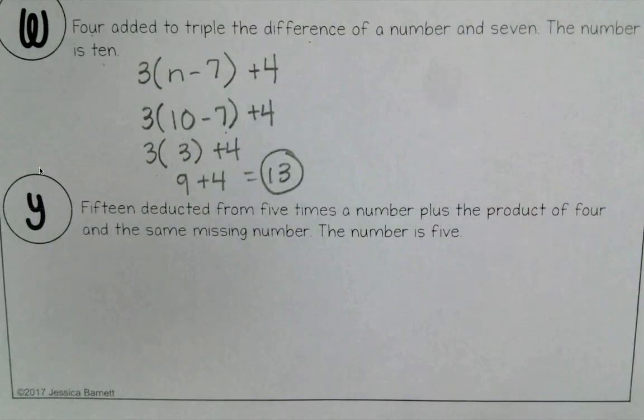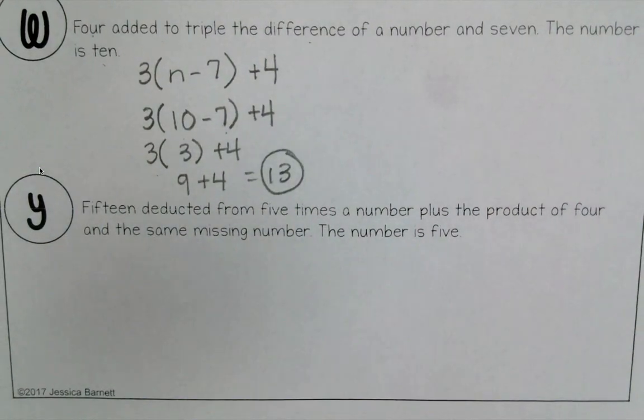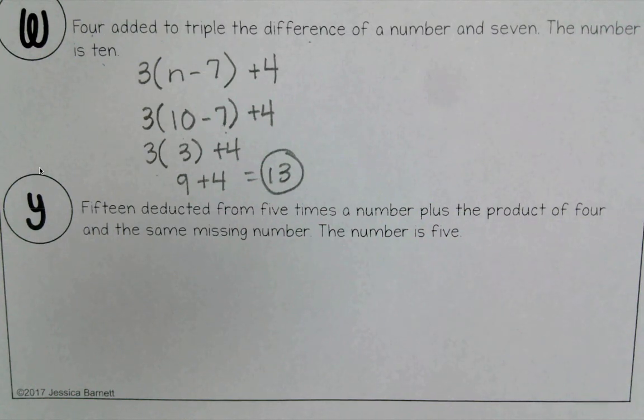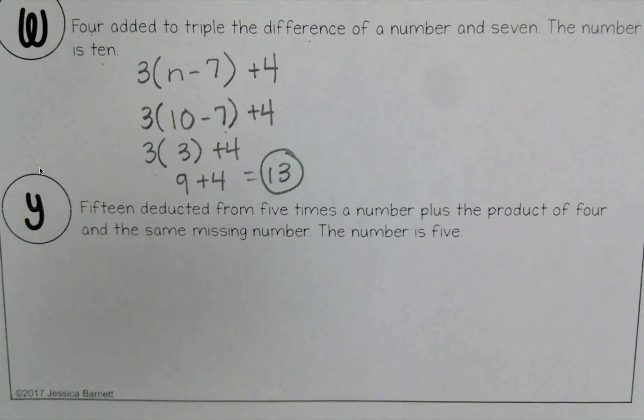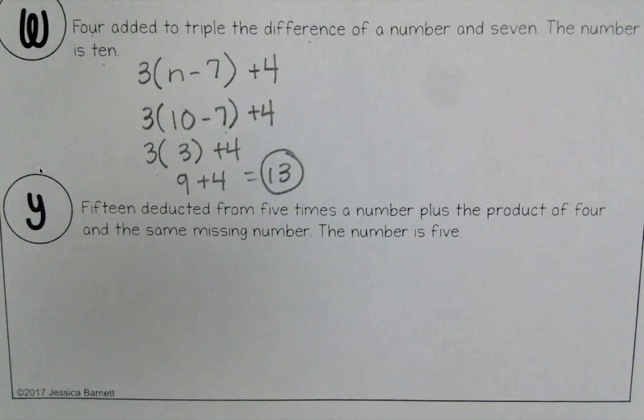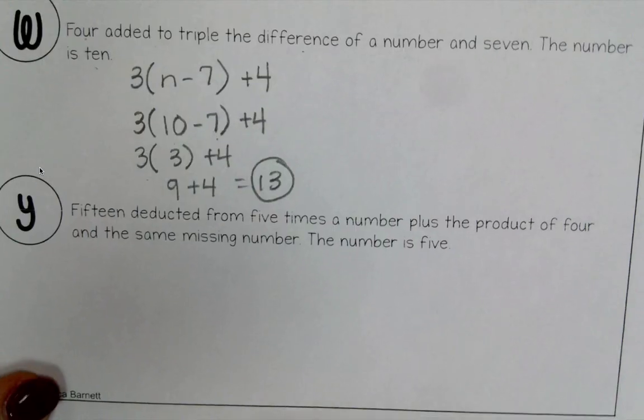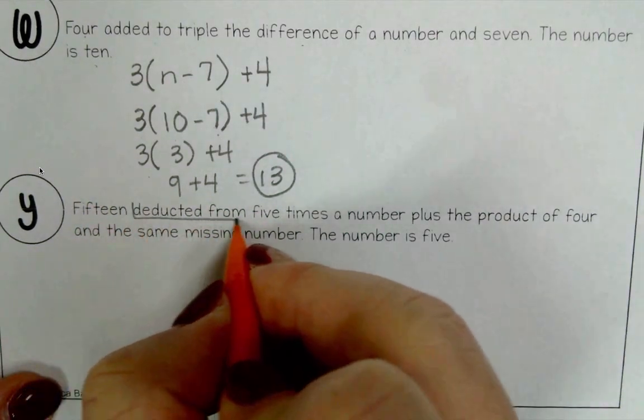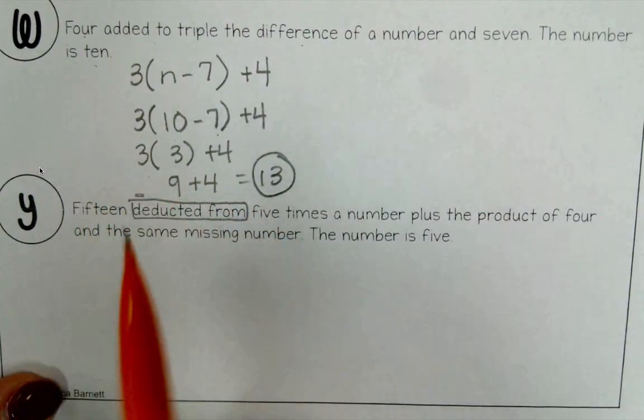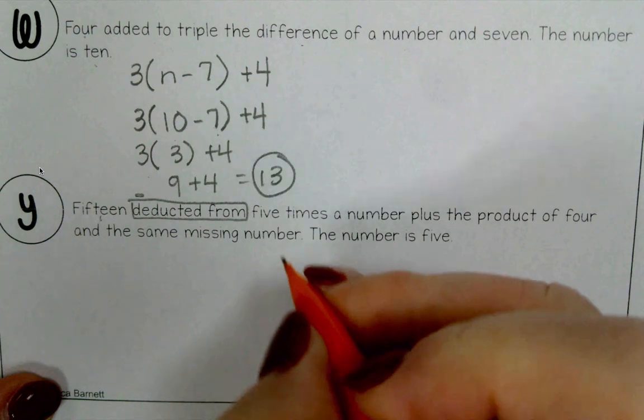So 15 deducted from 5 times a number plus the product of 4 and the same missing number. Well, deducted from is the same thing as saying less than. So, which means this is going to go at the very, very end.